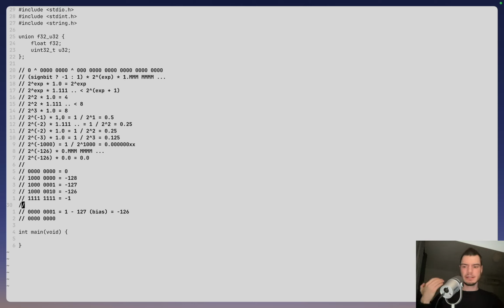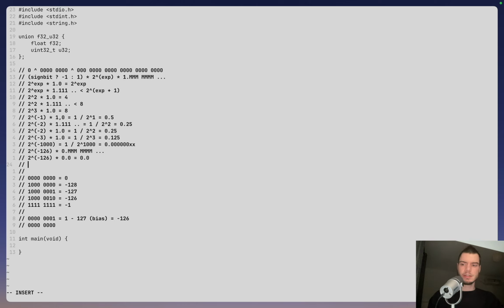But if our exponent is the bit value 1, subtract 127, we still get 2 to the power of minus 126. But we multiply that by 1 point and then the mantissa bits. And this is how we get our representable range from 0 to some value.